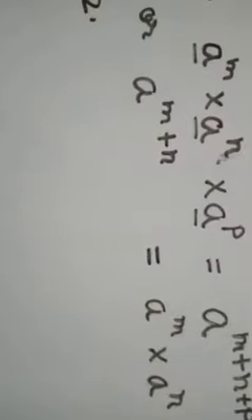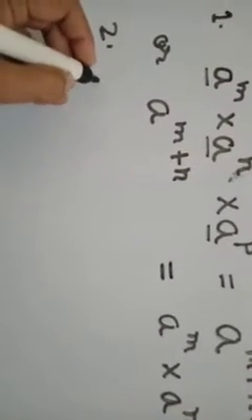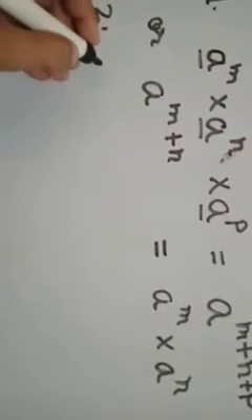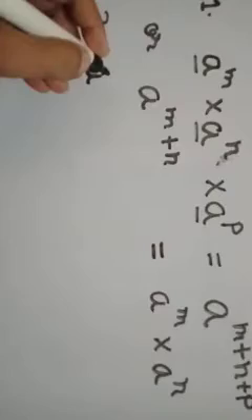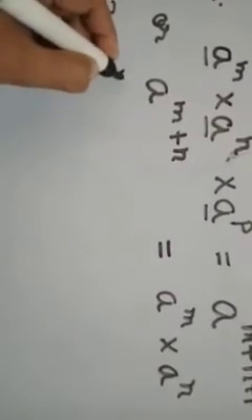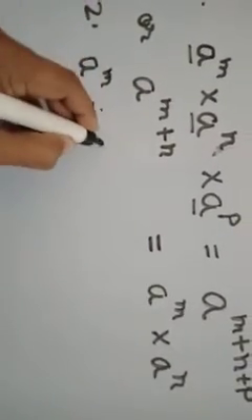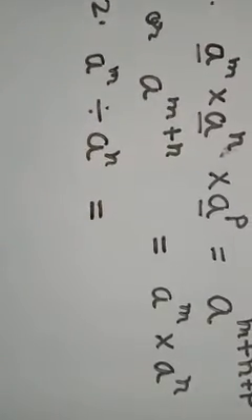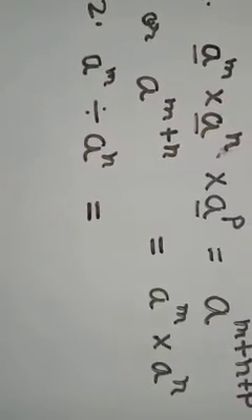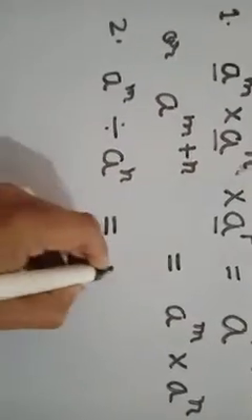Law number 2, the quotient law of exponent. When the same base is in division form having different powers, we have to subtract.